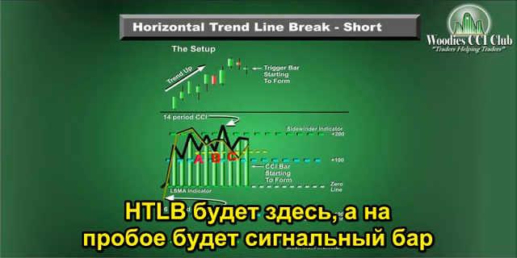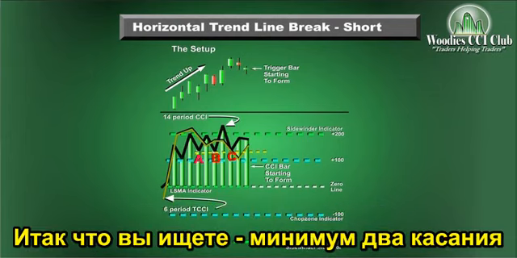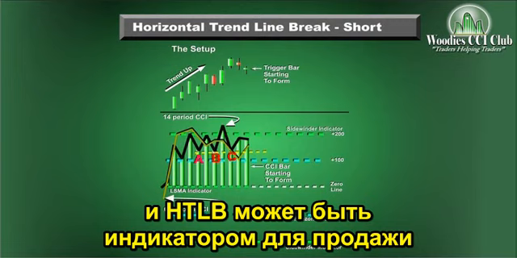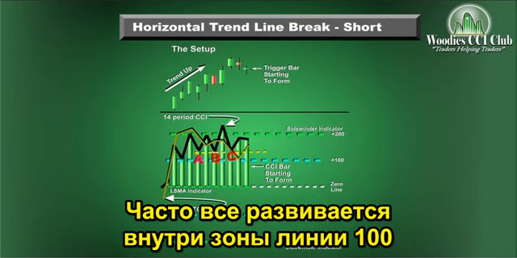When it breaks through, you'd be trigger bar right when we break through this horizontal trend line. So this is what you look for, at least 2 touches and then a break of that horizontal trend line. Could be a setup to go short.